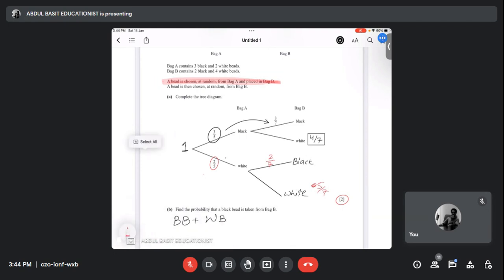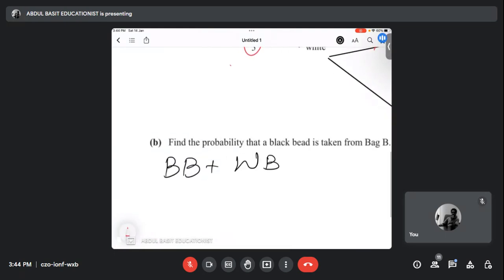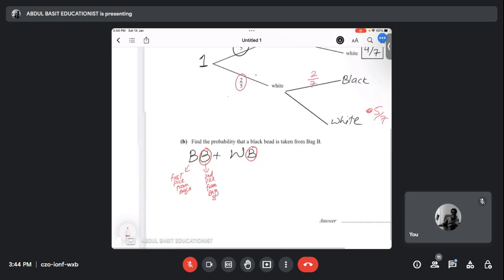Because this is first pick from bag A, and this is second pick from bag B. And you can see that in both the cases, we are picking the black bead from bag B. Is this clear, everybody?